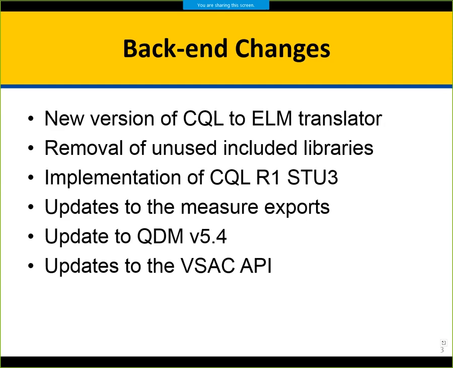Upon versioning either measures or CQL libraries, the MAT will now remove the included statements for unused child libraries from the final versions. We have made updates to align the MAT with CQL R1 STU3. We have made updates to the measure exports and updated the MAT to allow for the utilization of the QDM version 5.4. Additionally, we made updates for changes to the VSAC API.